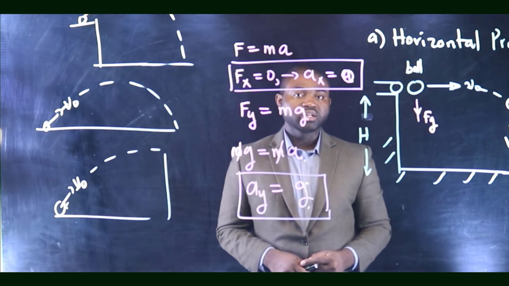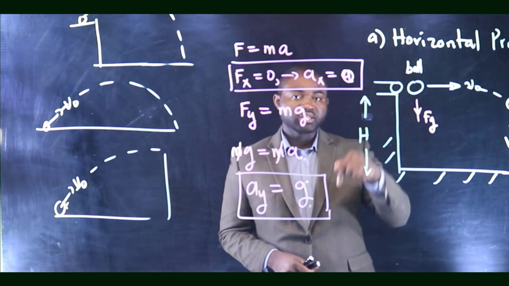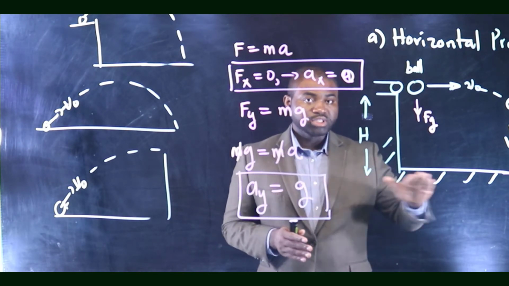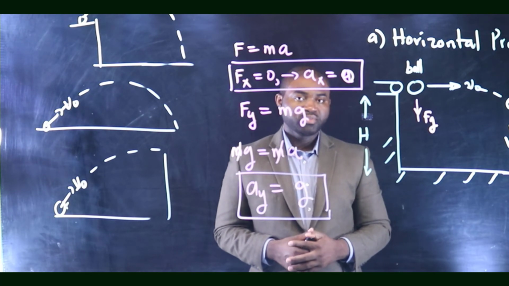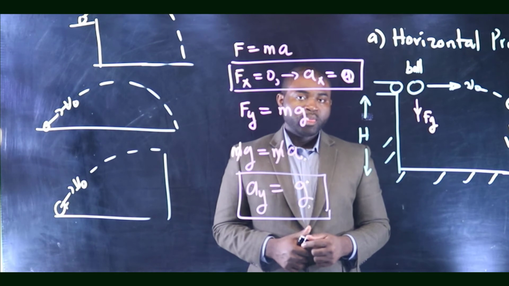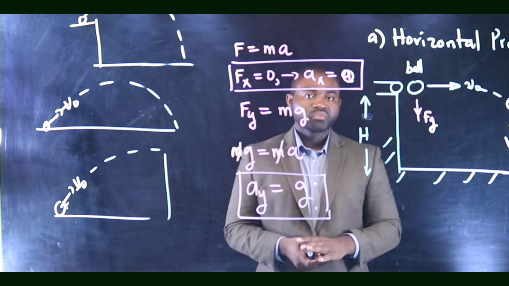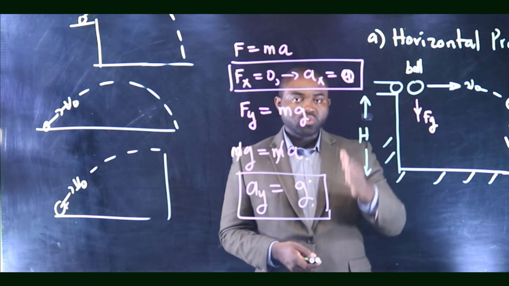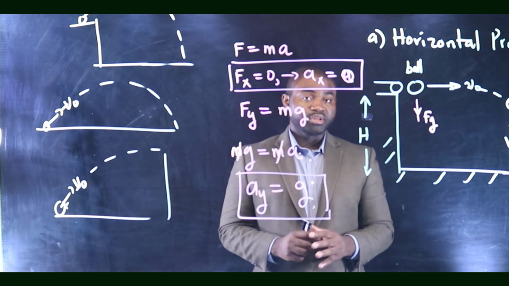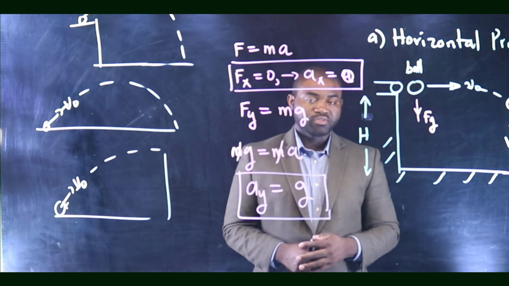That means that the object only has a vertical acceleration directed downwards. There is no acceleration in the x direction. The consequence of that is that the velocity in the x direction remains constant, while the velocity in the y direction increases. If you can only remember this, it will help you throughout the next series of lessons.